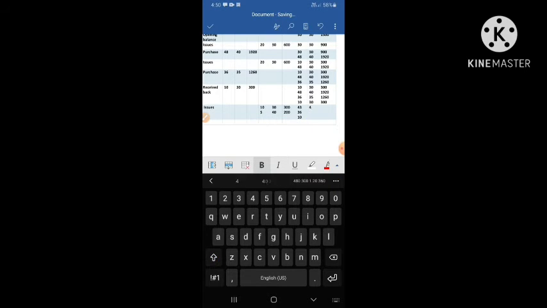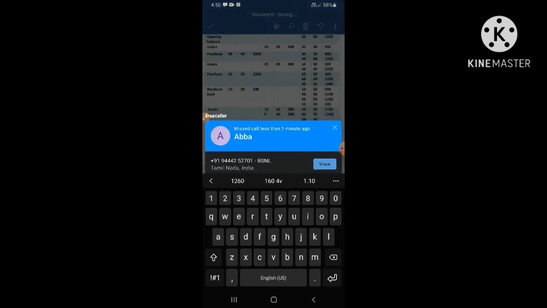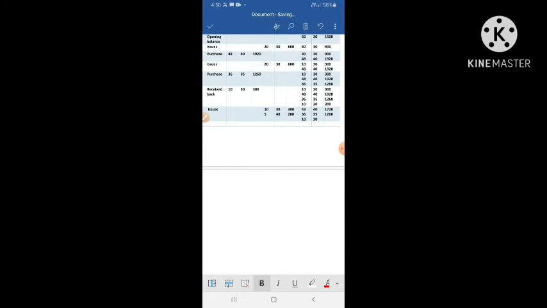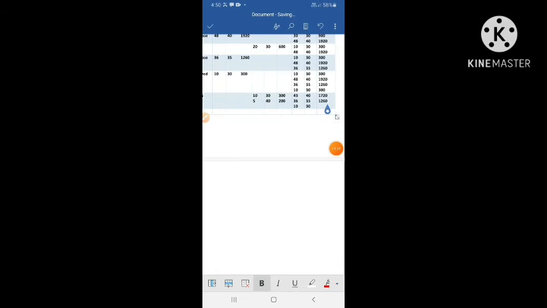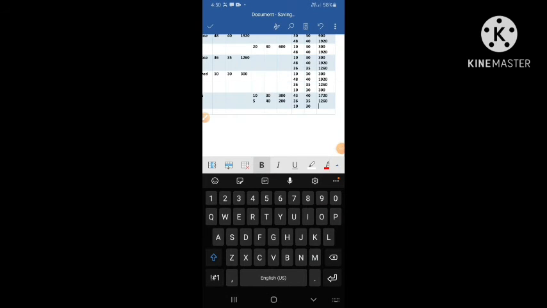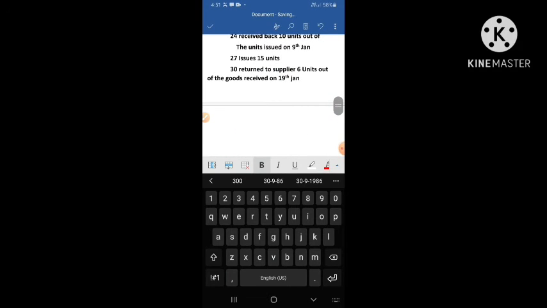Rates: 40 per unit, 35 per unit. Amounts: 1720, 1260, then 300.